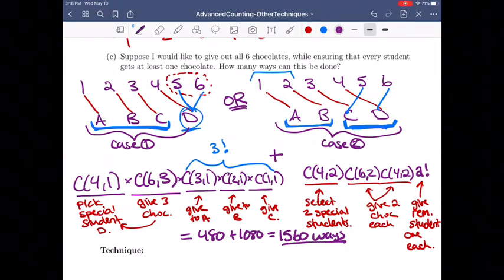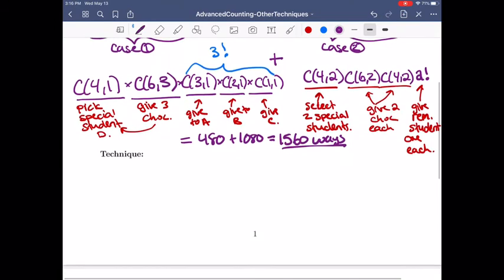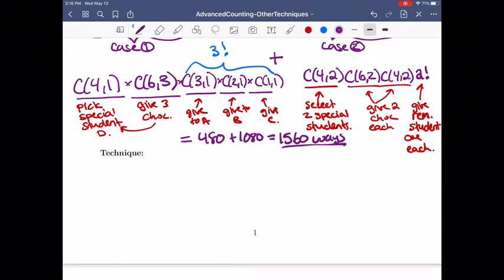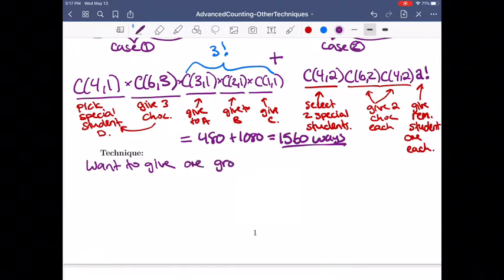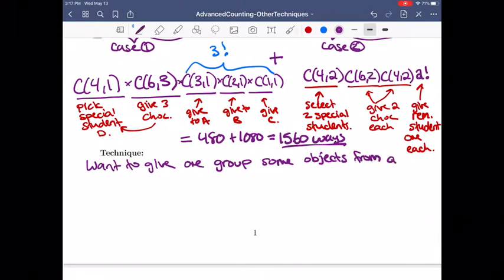Now this technique is sort of hard to describe. I'm going to do the best I can here. You want to give one group some objects from another group, so that everyone gets at least one.